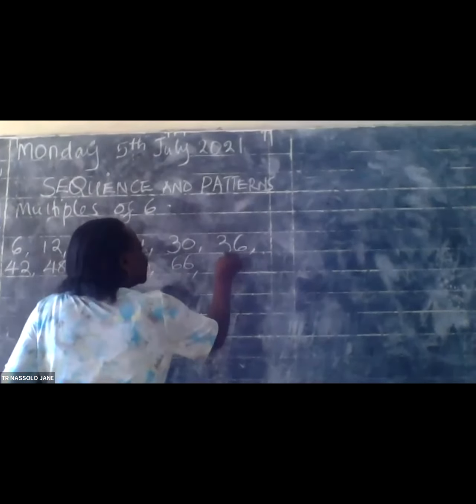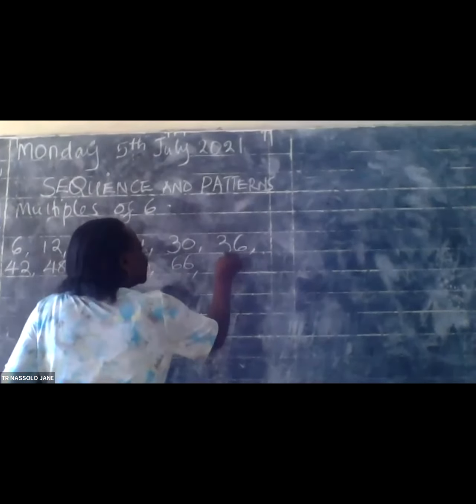Teacher, 60. Yes, it is 60. We can count 1, 2, 3, 4, 5, 6, 7, 8, 9, 10. Therefore, the 10th multiple of 6 is 60.